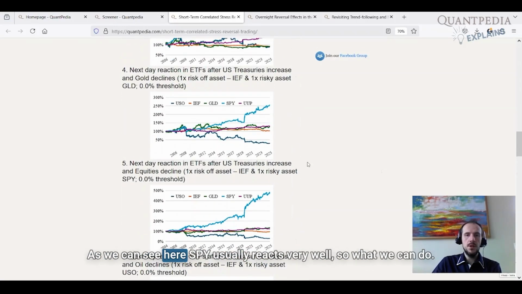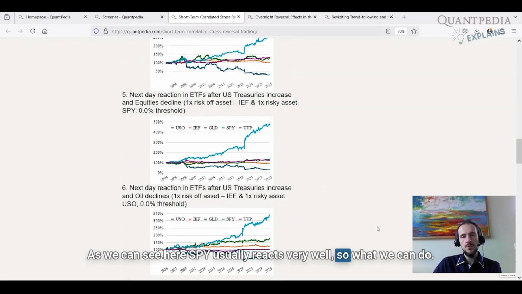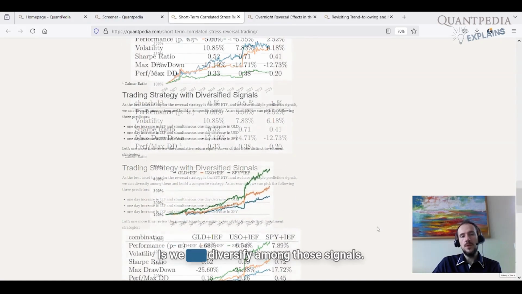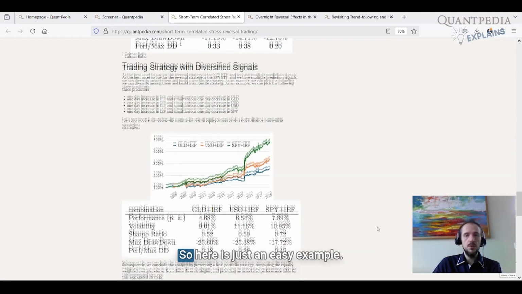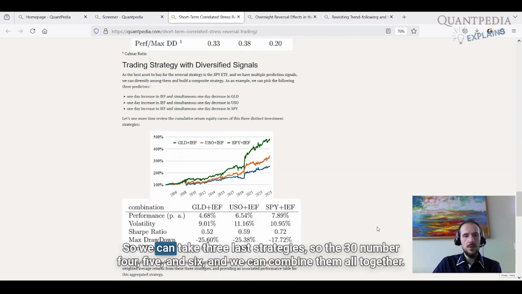These are the thresholds which are usually optimal. As we can see here, SPY usually reacts very well. So we can diversify among those signals. Here is just an easy example. We can take the last 3 strategies, number 4, 5, and 6, and combine them all together.